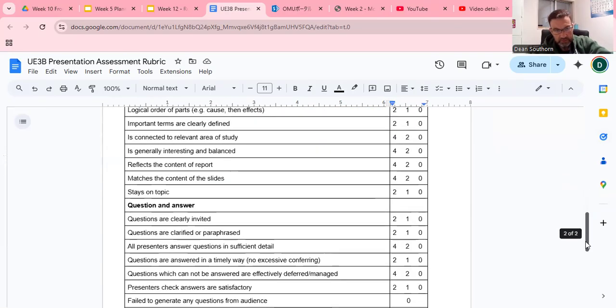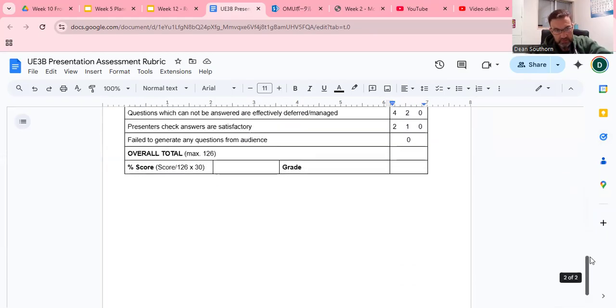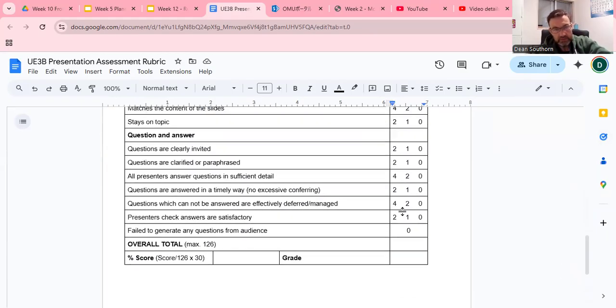And you will definitely score a 0. Well, no, not definitely, because I will stop you and invite questions, but the chances are you are much more likely to score a 0 here if you don't finish.